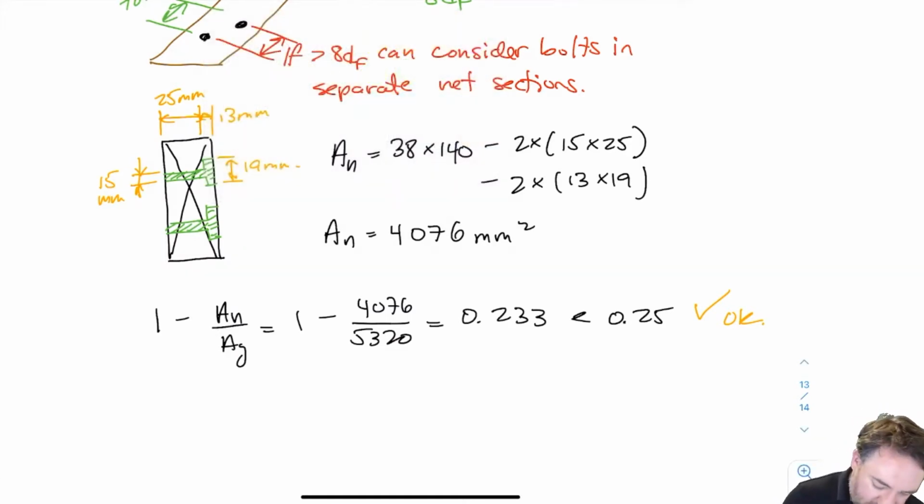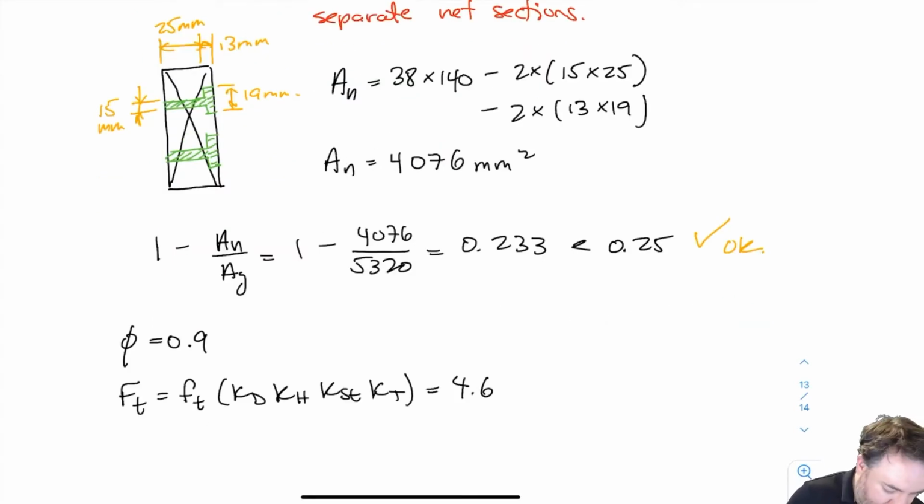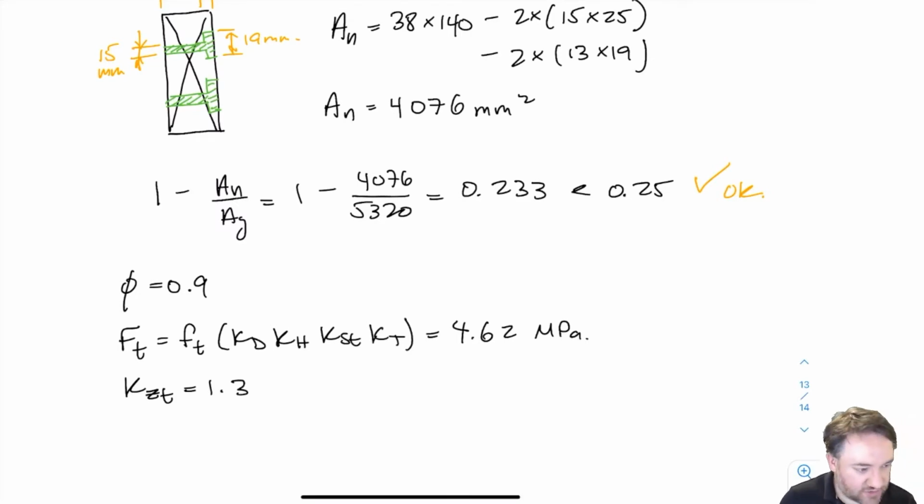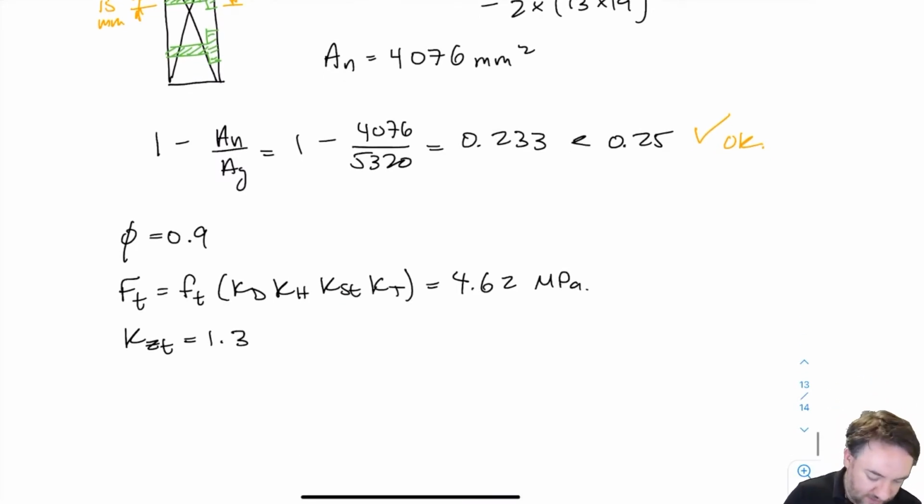Okay, so now let's calculate our net tension. So our phi is 0.9. Get our modified tension strength, our size effect factor from the table of size effect factors for lumber. We get 1.3. And now I can calculate my TNR1.